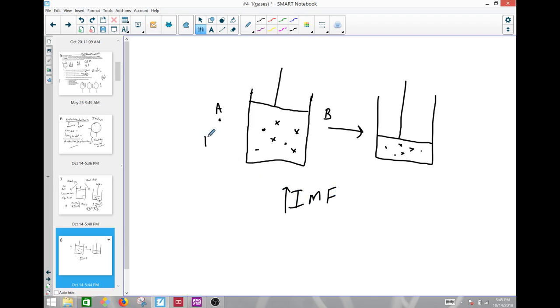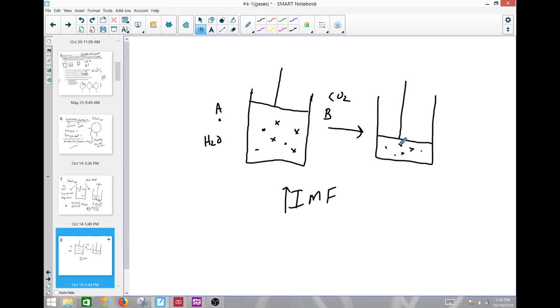Obviously, if A is water and B is carbon dioxide, then A can hydrogen bond and B can only do London dispersion force. So A is going to condense first and B will stay gaseous longer. Eventually enough pressure could be produced to get them close enough together that carbon dioxide would turn liquid as well. That's a lot of pressure.